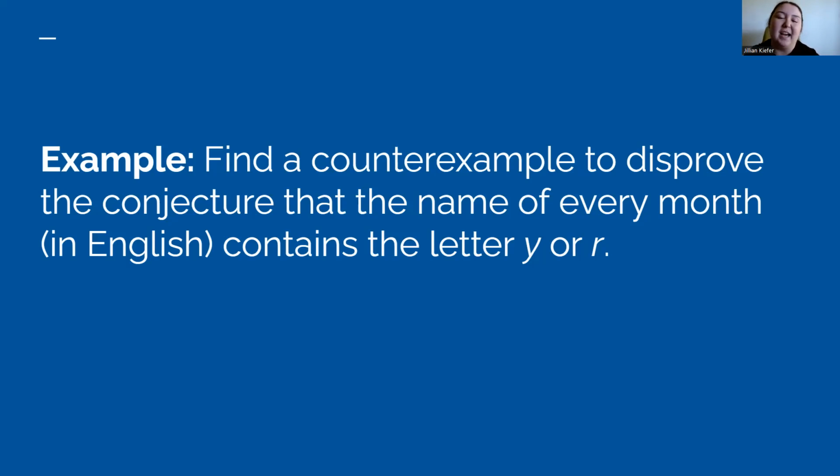We'll keep going. After that, we have September, ends with an R, so that's not good. October, ends in an R. November, ends in an R. December, ends in an R. So the only 2 counterexamples would be June or August. But you only need to list one. Whichever one you come up with first would be the one you could list. So there we go, June or August.